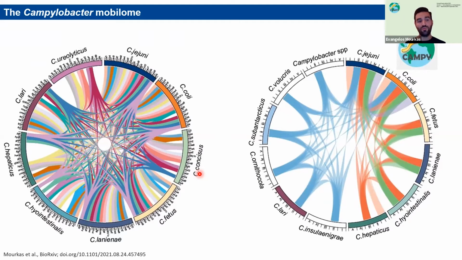So we postulated that genes which recombine in different Campylobacter species may be beneficial in multiple genetic backgrounds. These are just two, they look fancy and a bit complicated, but all they show is the highly recombining genes from the previous analysis.